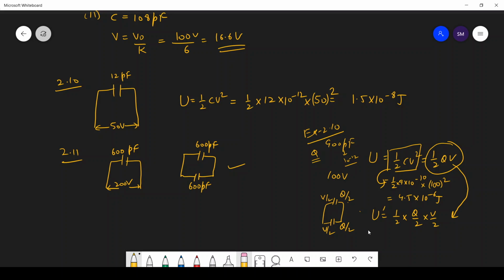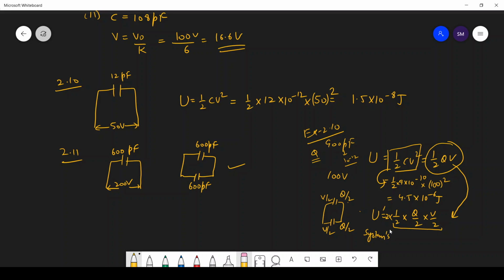And what will be the total energy of the system? So this is for one capacitor, right? Potential energy is again a scalar quantity. So the system's potential energy will be simply twice. Multiply 2 here. This was for one capacitor, multiplied with 2.